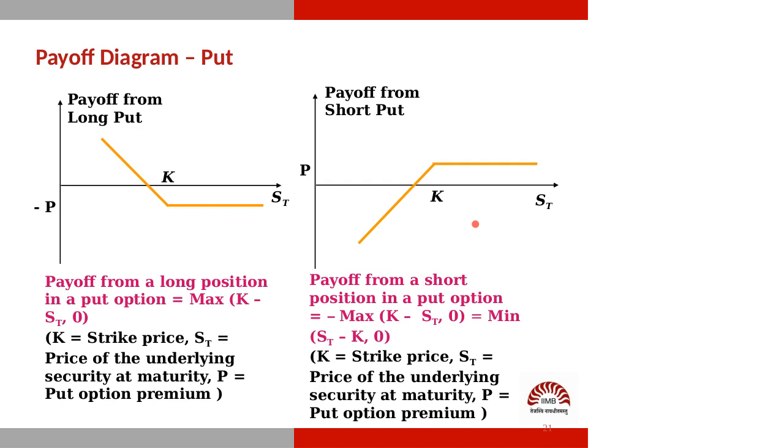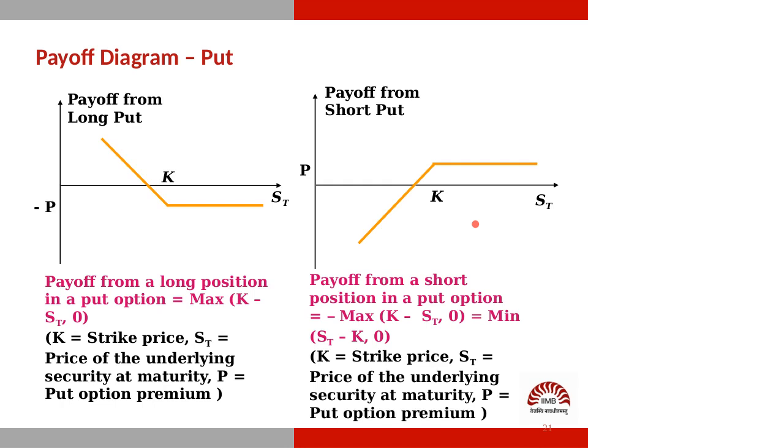So the maximum loss for the writer of the put option is the entire value of the stock itself, because the stock price cannot become negative. Whereas the loss for the writer of the call option can be infinite, because the maximum value of the asset can be plus infinity, and therefore the loss can be minus infinity on the other side.